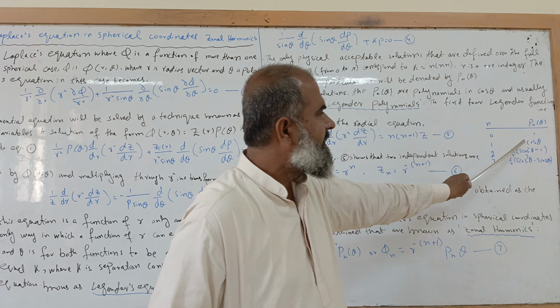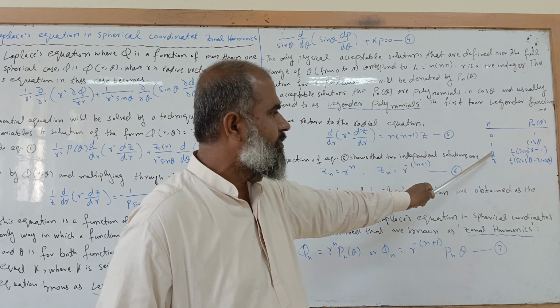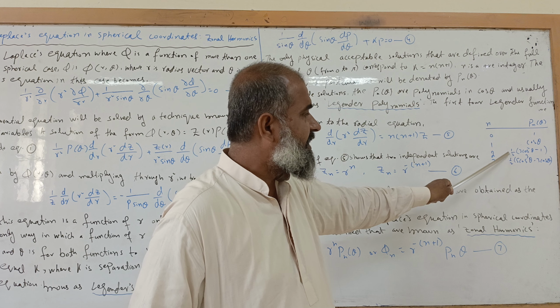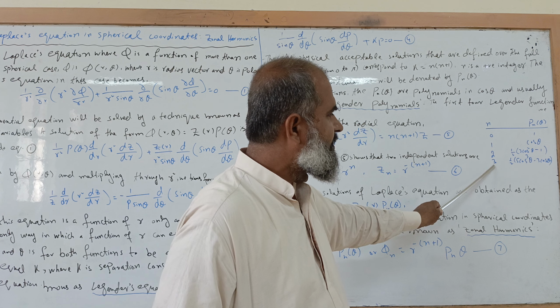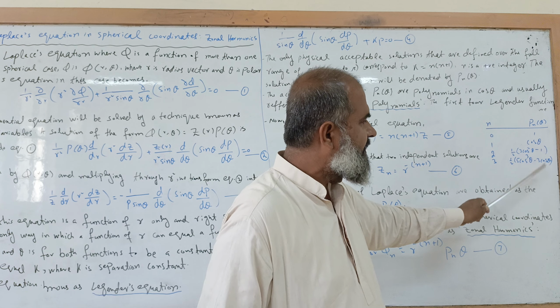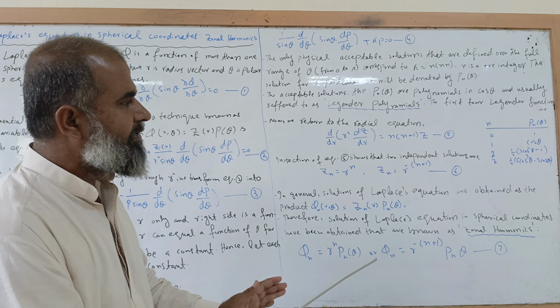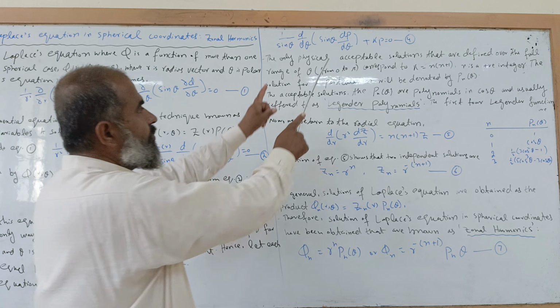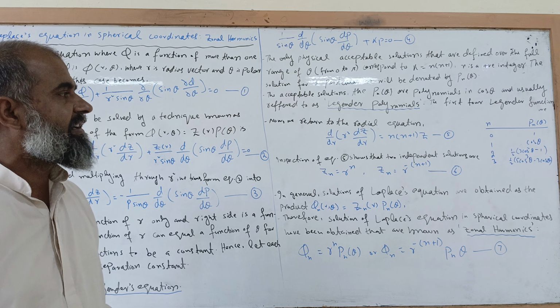For n equal to 1, Pn of theta will be cos of theta. For n equal to 2, Pn of theta will be 1 over 2 times 3 cos square theta minus 1, and for n equal to 3, Pn of theta will be 1 by 2 into 5 cos cube theta minus 3 cos of theta. These are the Legendre polynomials obtained from the solution of this equation, that was Pn of theta.